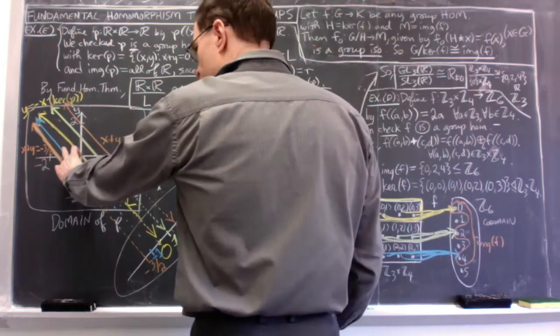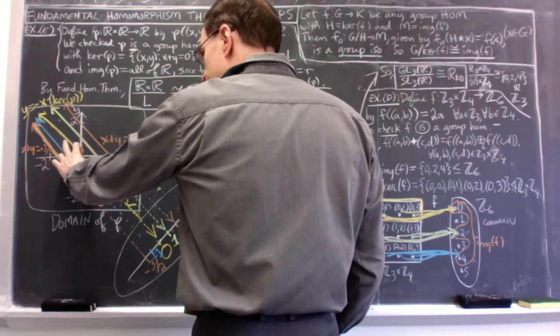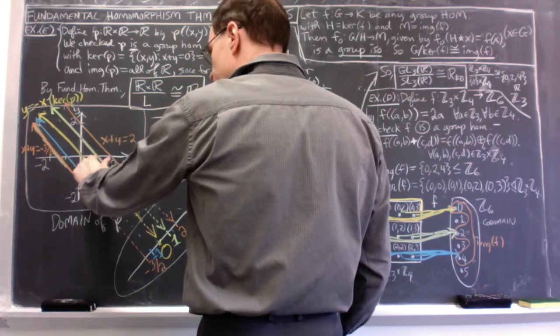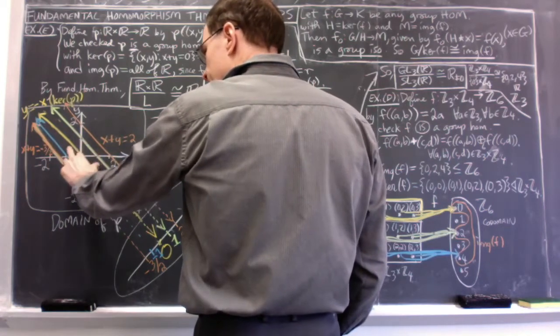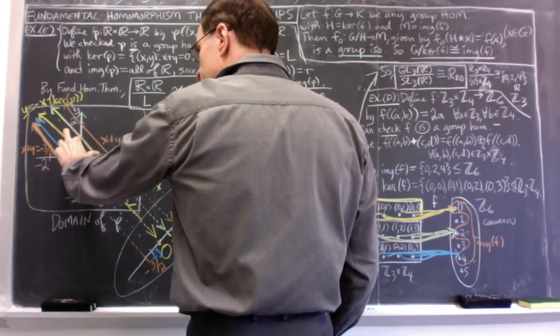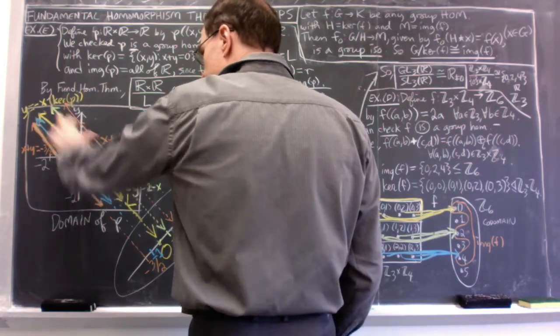If you take the yellow kernel line, which is L, and move it over by (1, 0), that produces this green line. And same if you move it up to (0, 1). You translate it over, you get a coset.